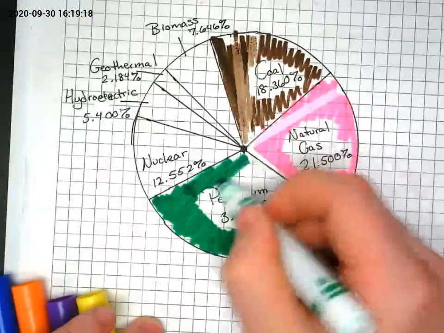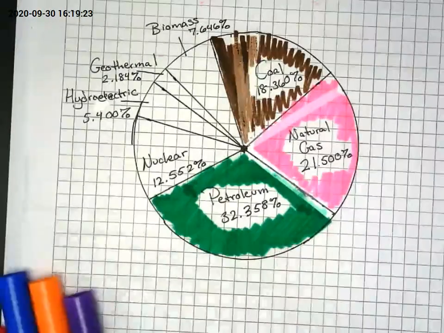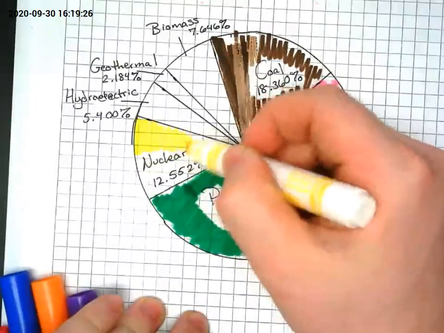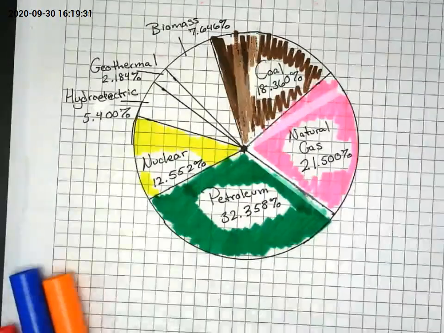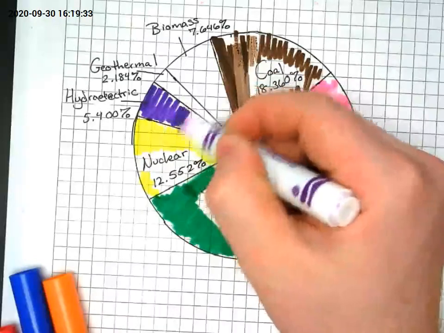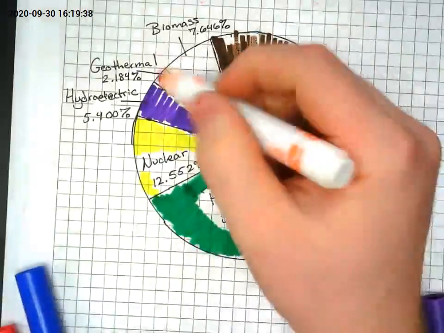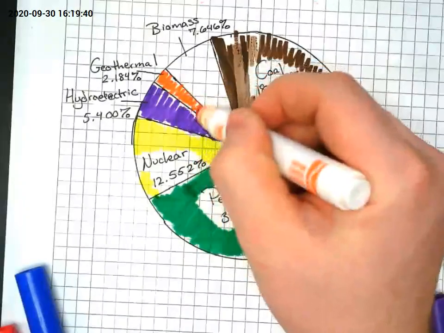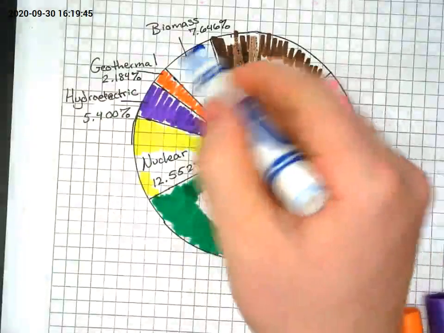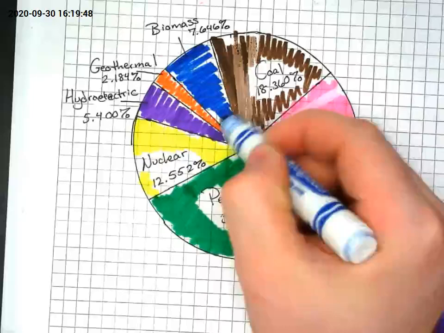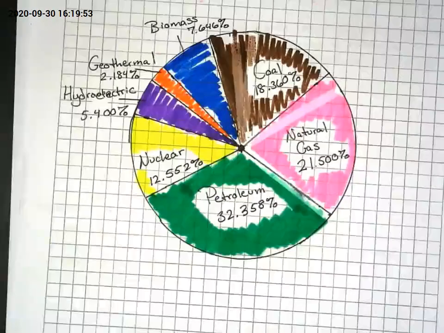Easier to read, that sort of thing. Okay. And there you have it. You have your good old classic pie chart.